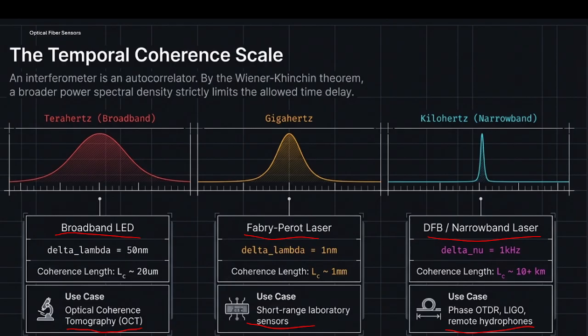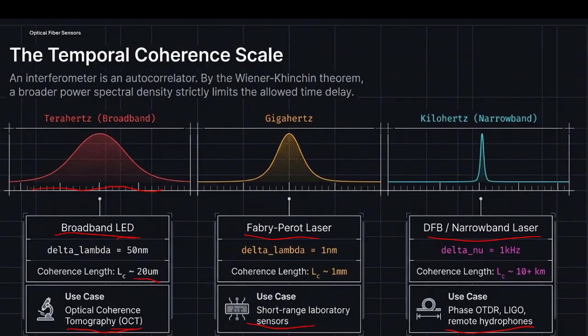So temporal coherence means, for example, if you are using a broadband LED, obviously it will have a broad band, as mentioned here, and the coherency will not be that good. It doesn't have that much coherency. It can be used in optical coherence tomography, and the length you can see is 20 micron.